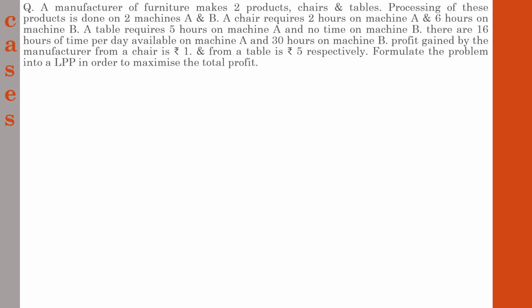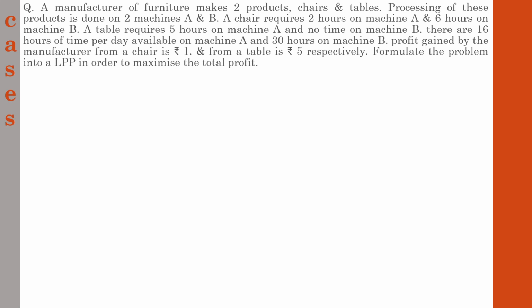Processing of these products is done on two machines, A and B. A chair requires 2 hours on machine A and 6 hours on machine B. A table requires 5 hours on machine A and no time on machine B. There are 16 hours of time per day available on machine A and 30 hours on machine B. The profit gained by the manufacturer from a chair is 1 and from a table is 5 respectively. Formulate the problem as an LPP in order to maximize the total profit. That is the concept explained in the question.